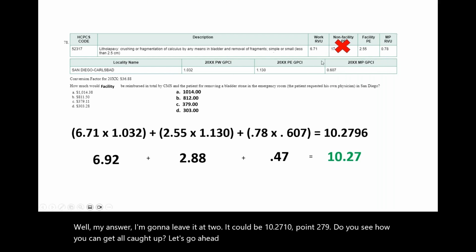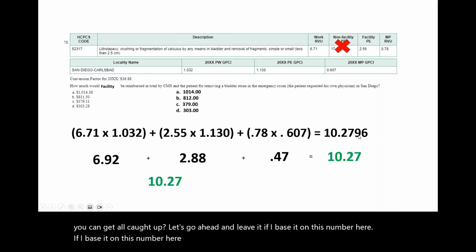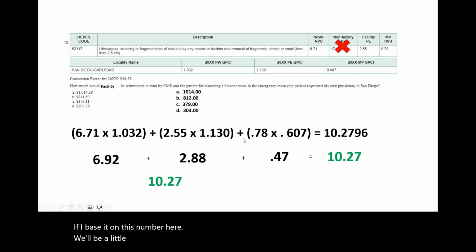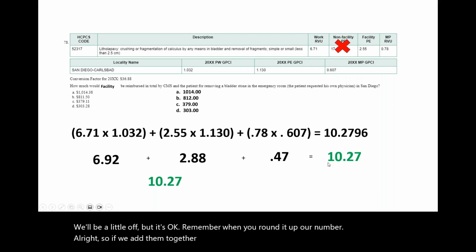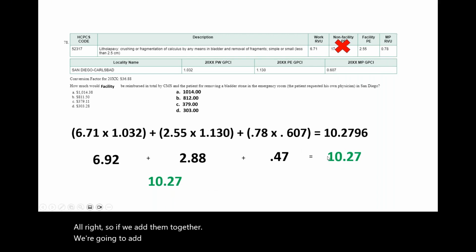Let's go ahead and leave it. If I base it on this number here, we'll be a little off, but it's okay. Remember, we rounded our number. All right. So if we add them together, I said it was 10.27, and I must have got that from my calculator.